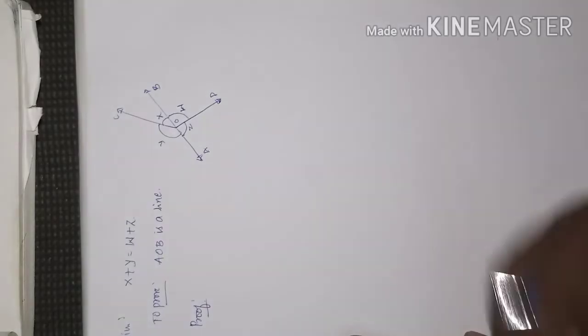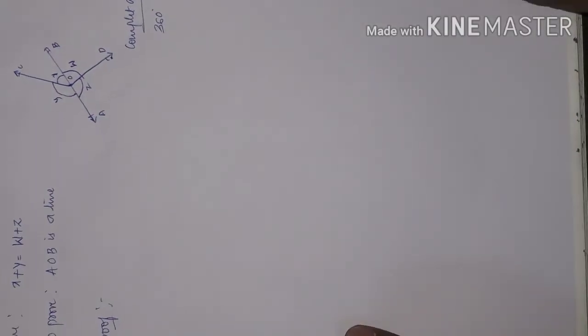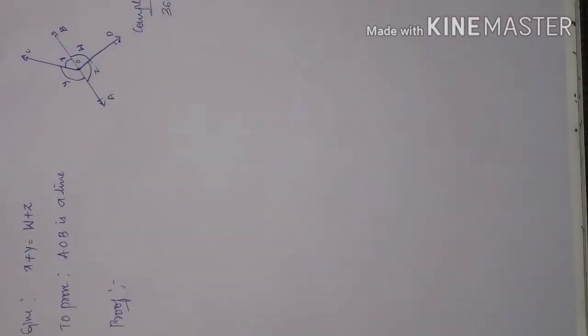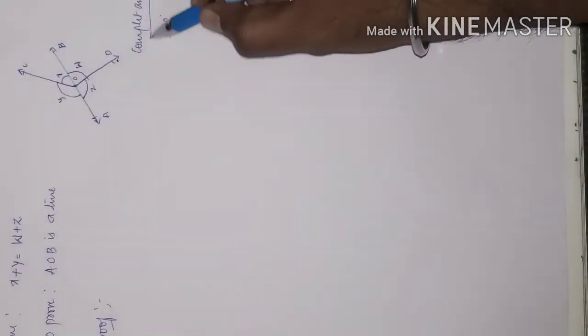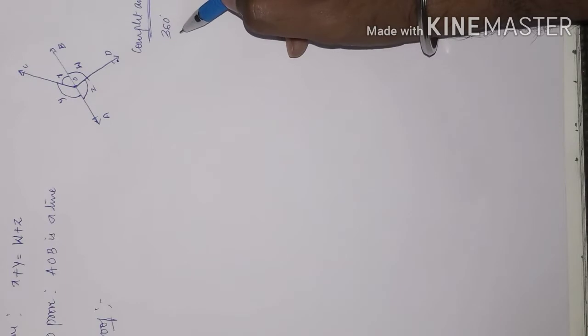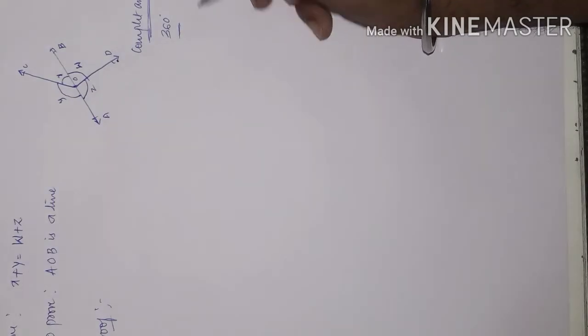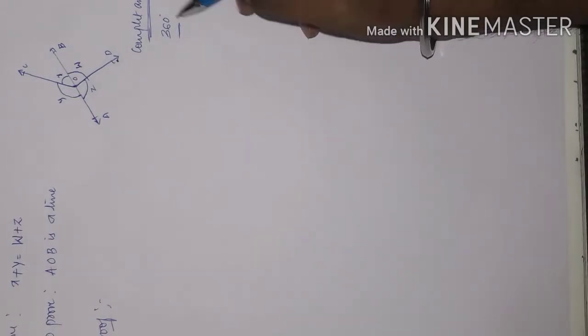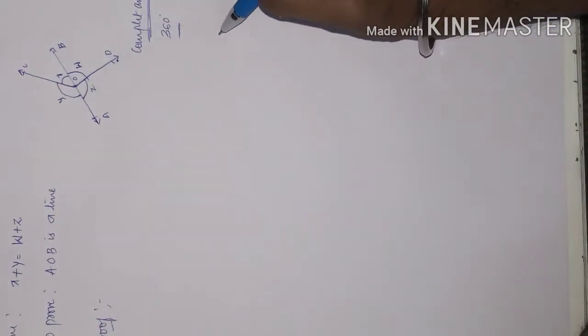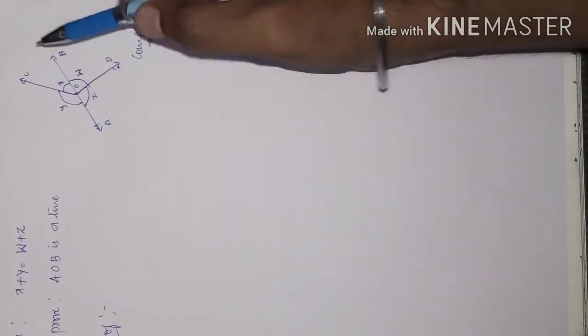See here, boys and girls, let us take one concept called a complete angle. Complete angle says that the sum of all adjacent angles is equal to 360 degrees. It is like a complete circle, where the angles will be equal to 360 degrees. So we'll take that concept here.